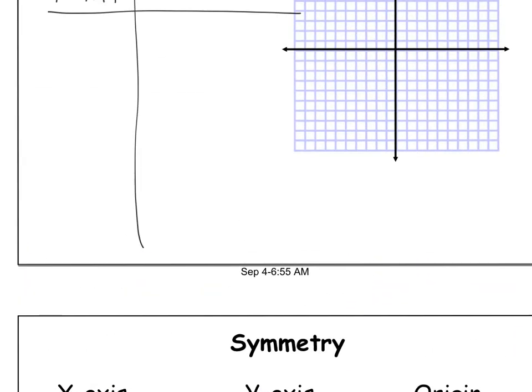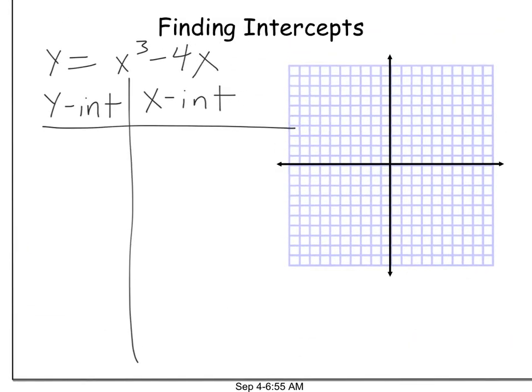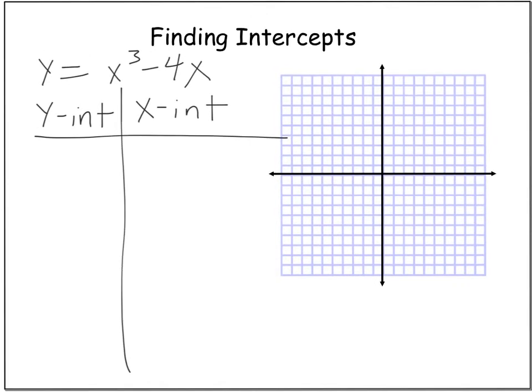Oh, we'll talk about symmetry here in a minute. Right now I want to talk about x and y intercepts. As you deal with functions that get a little bit more complicated, and notice on this one I've given you a cubic, a little more complicated than a quadratic, producing graphs can get more complicated, and the x and y intercepts are often great reference points that we like to use, because no matter how complicated the equation is, there's a pretty similar procedure to go through to get these points.